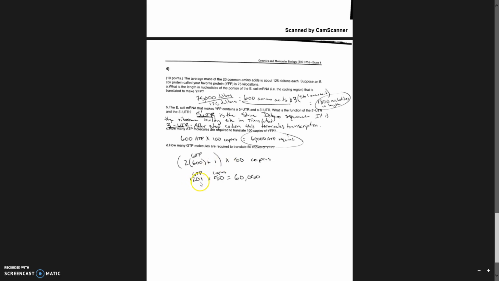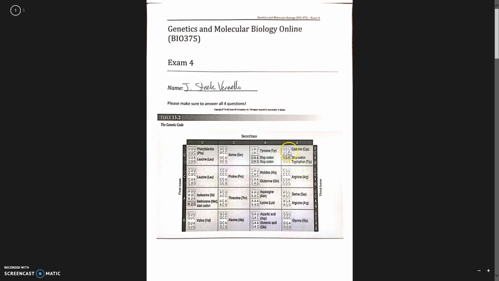So we have 1201 GTP required for 1 copy, and then for 50 copies, you just multiply that by 50, and that would give us 60,050 GTP molecules required to translate 50 copies of YFP. And that's what I got for my exam 4 written question answers.